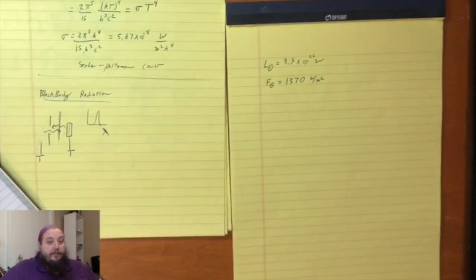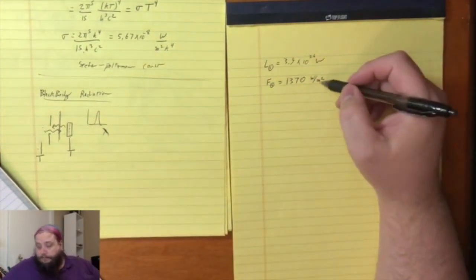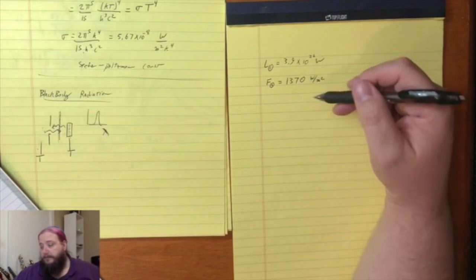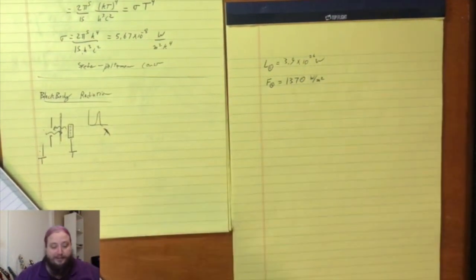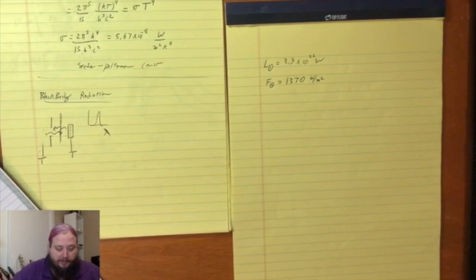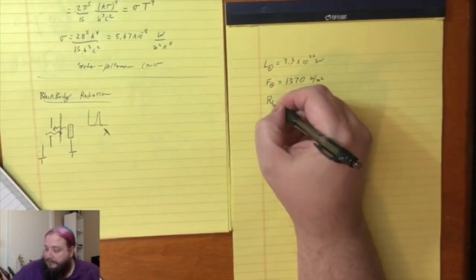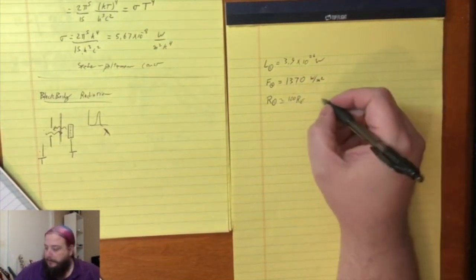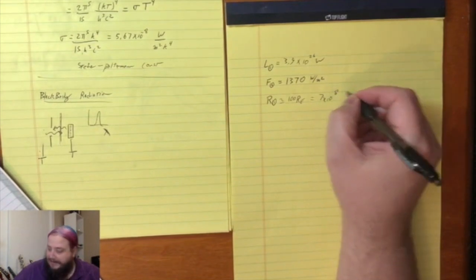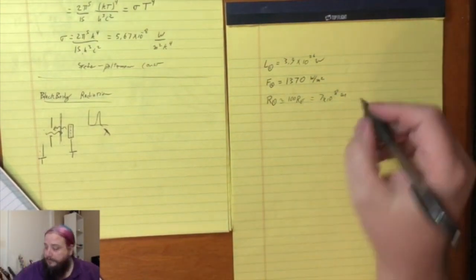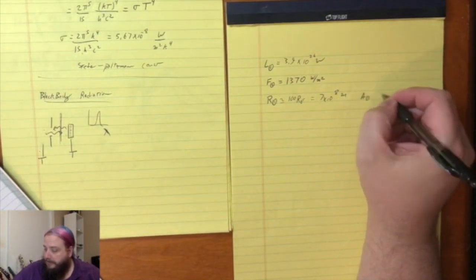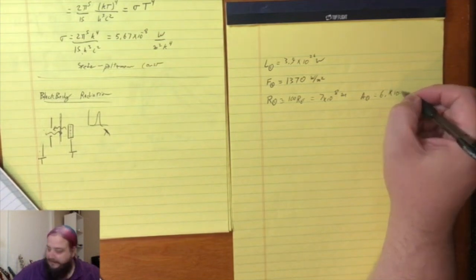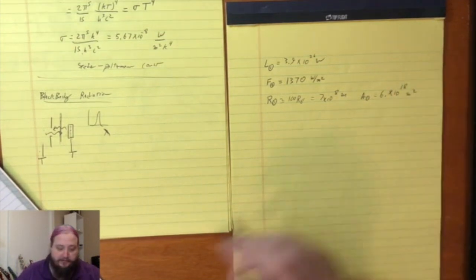So the integrated energy from our sun landing on the surface, or at the top of the atmosphere, is about 1,370 watts per square meter. Now the radius of the sun is approximately 100 times the radius of the Earth, about 7 times 10 to the 8th meters, which gives us a surface area for the sun of about 6 times 10 to the 18 square meters.